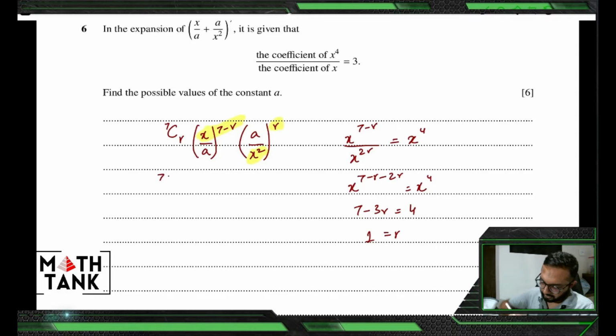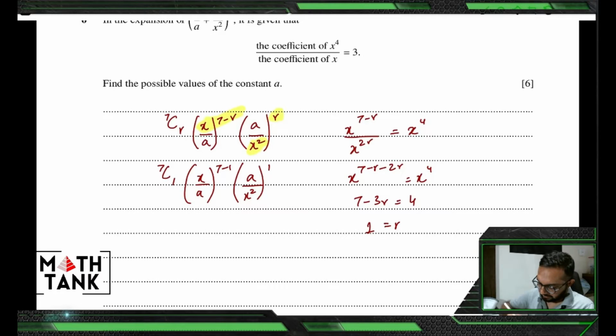So the term in x power 4 is 7C1 (x over a) power 7 minus 1 (a over x squared) power 1. So I get 7C1, x power 6 and x power 2 in the denominator, so x power 4, and a over a power 6, so that's 7, denominator has a power 5 and x power 4.